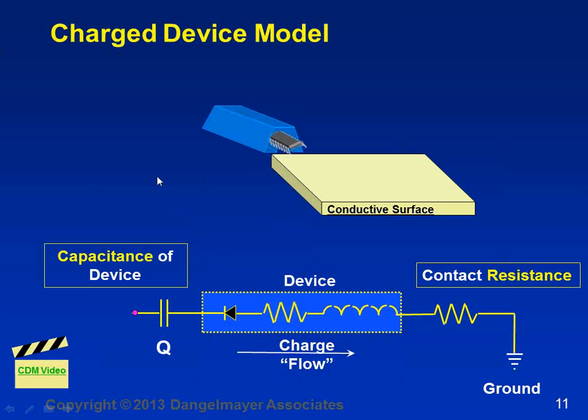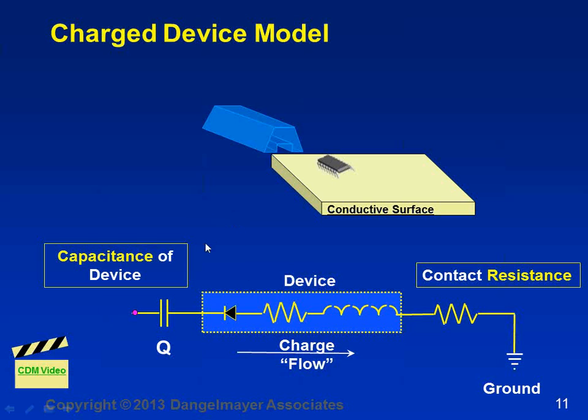And here you see a device sliding out of a shipping tube, landing on a conductive surface. This simulates the charge device model, or putting it another way, this charge device model simulates a device becoming charged and then discharging through a low resistance ground.